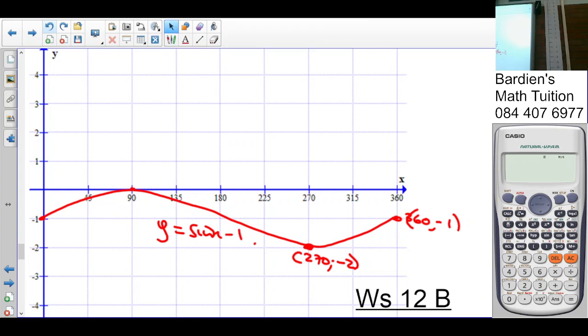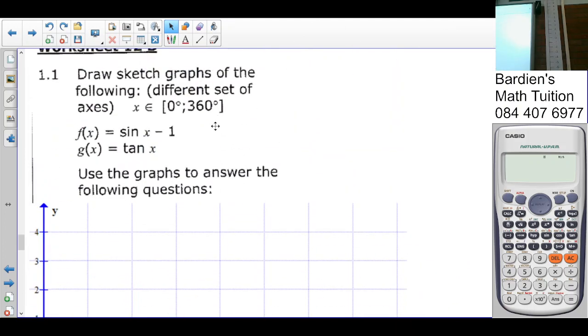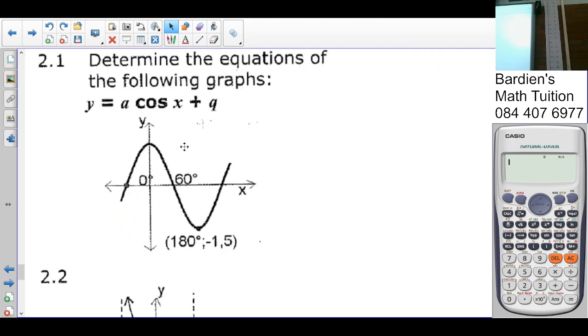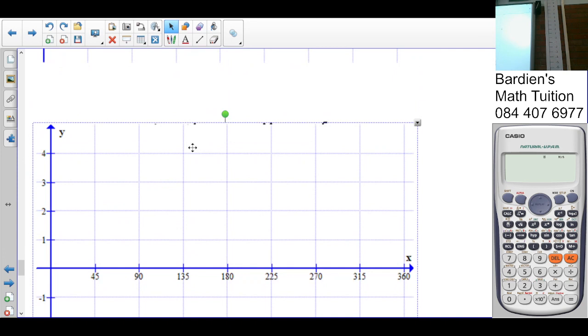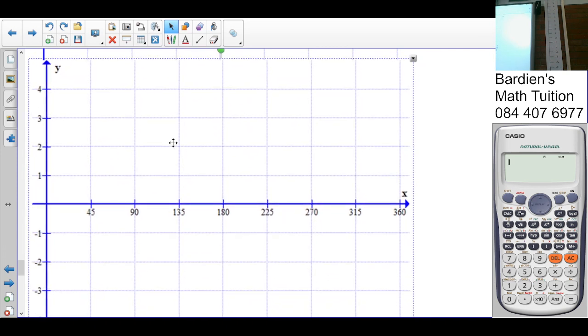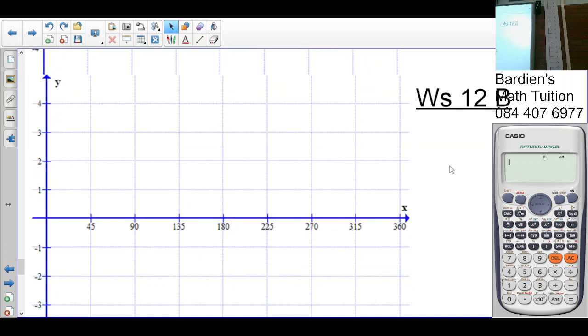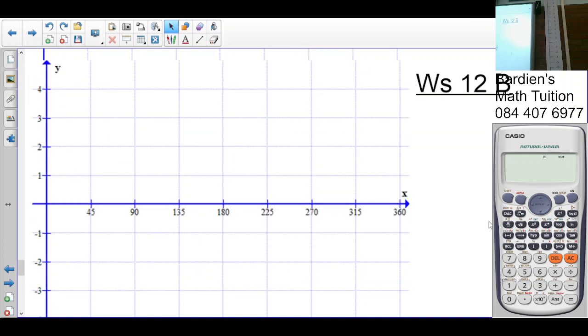Then they wanted you to draw the tan of x graph, no? So on a different set of axes, correct? Yes. So just draw another axis here quickly. So the tan of x graph goes into intervals of 45.